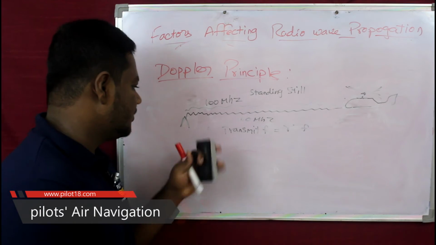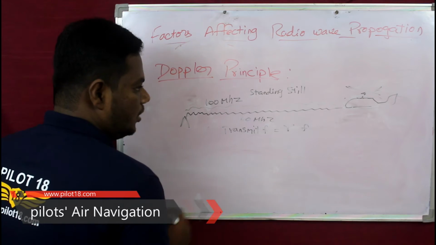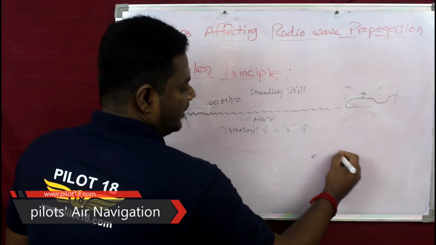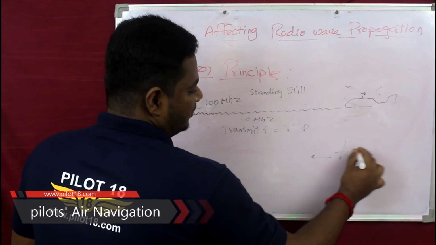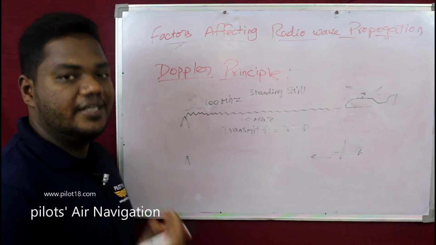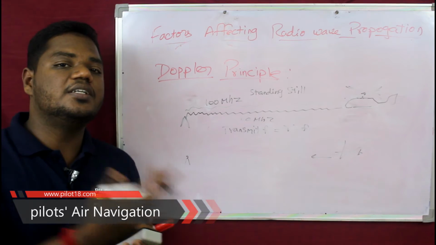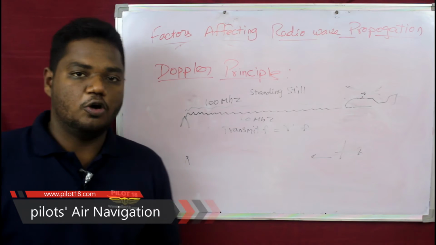Okay, now let's see, what if the helicopter is coming towards me? If the helicopter comes towards me, my frequency will actually increase. If it goes away from me, the returning frequency will actually decrease. So this is known as Doppler effect.